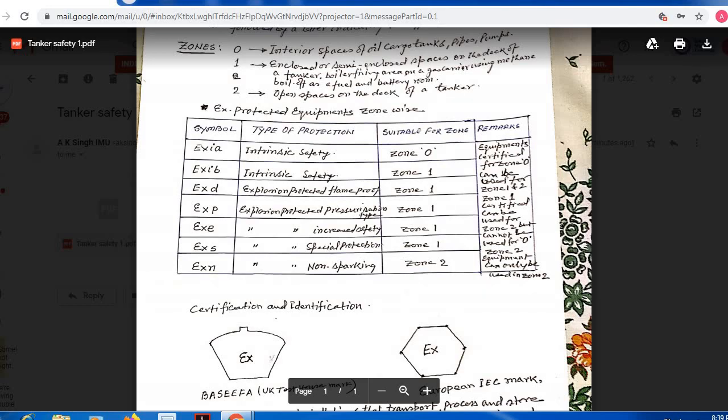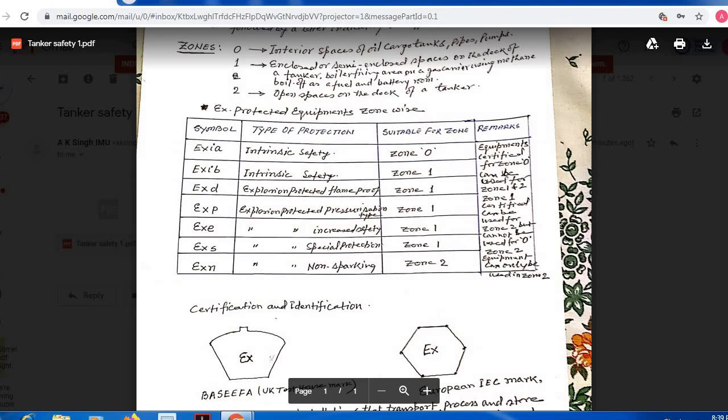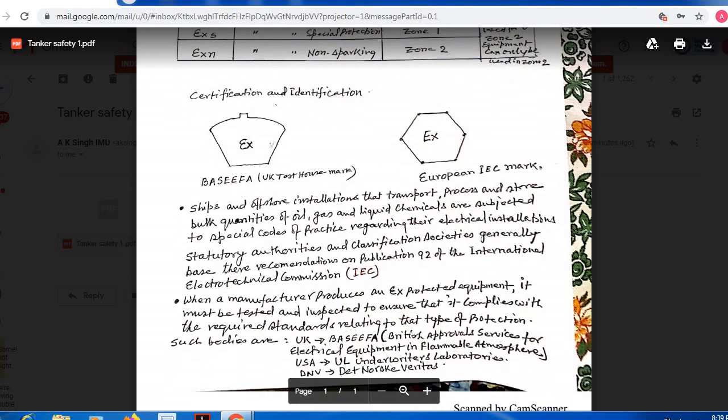Then for Norway it is DNV, Det Norske Veritas. Then we have SAA for Australia, and for Canada it is CSA. So these are various certifying bodies, various examining and approving bodies. We will stick to these two, British Test House and European standards. So these are the emblems.